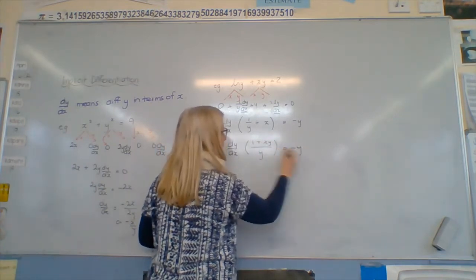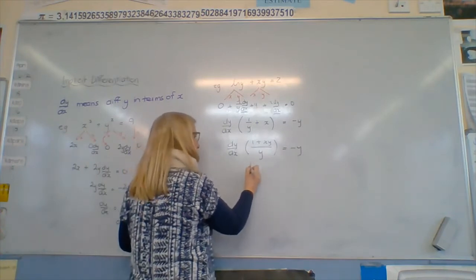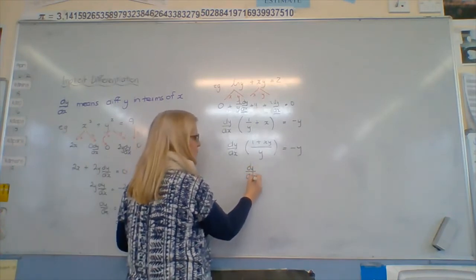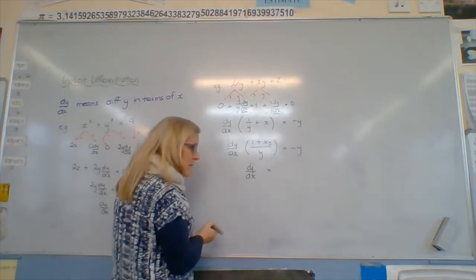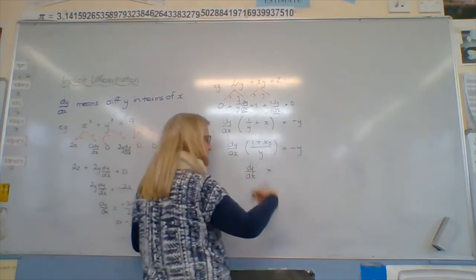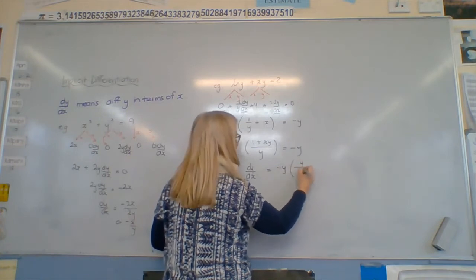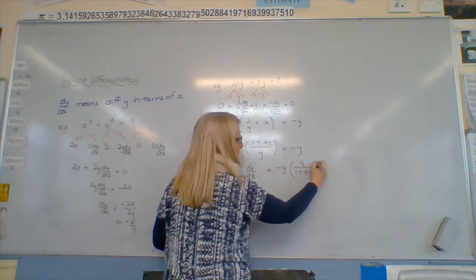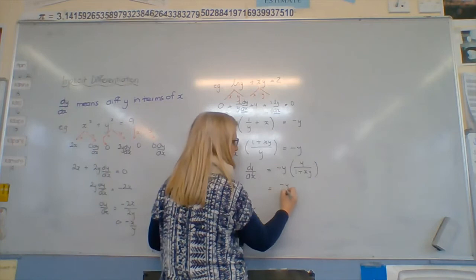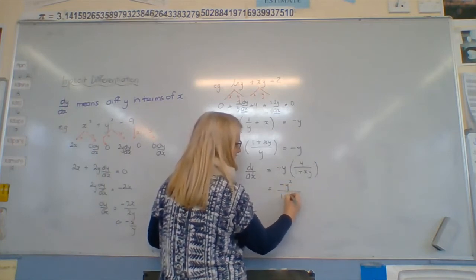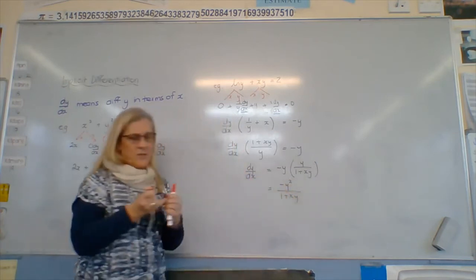That equals negative y. So now we divide the other side by that, which means timesing by the reciprocal. So negative y times y over 1 plus xy equals negative y squared over 1 plus xy. So that's the derivative.